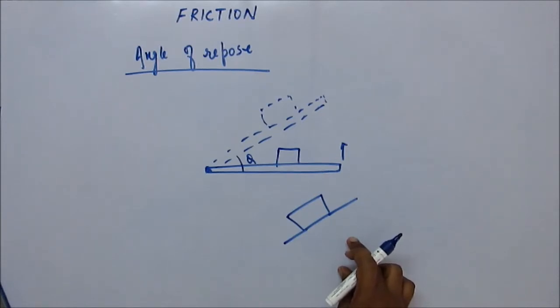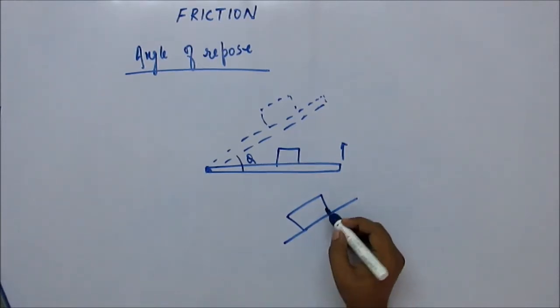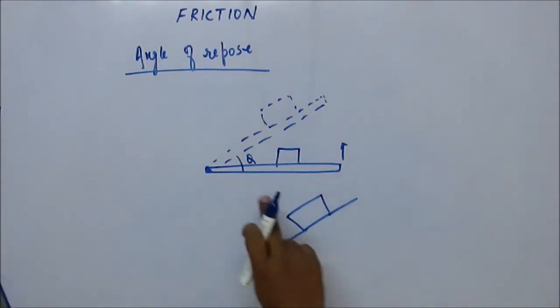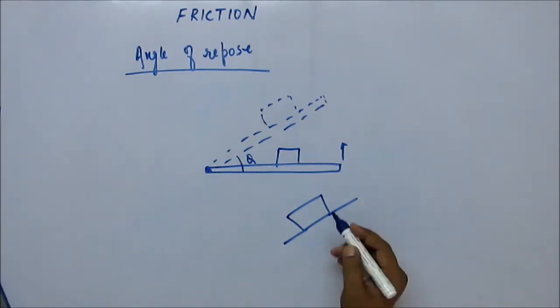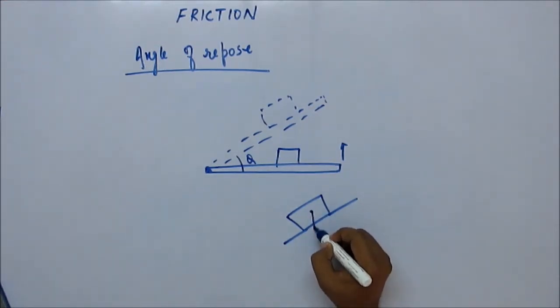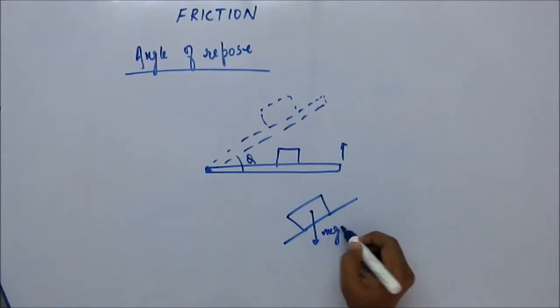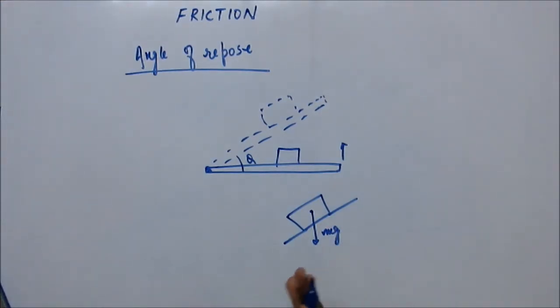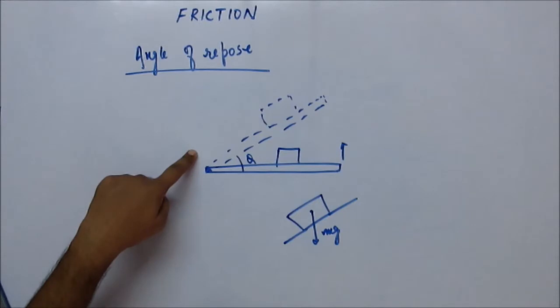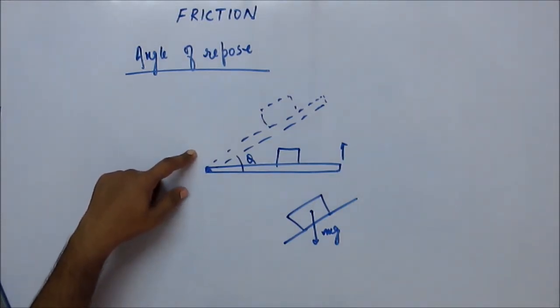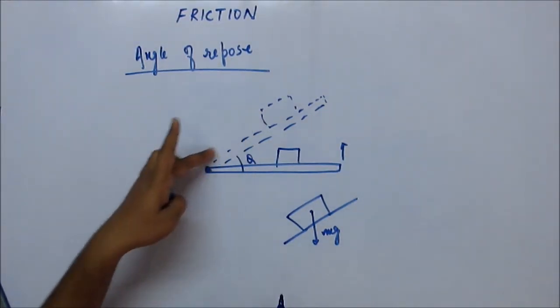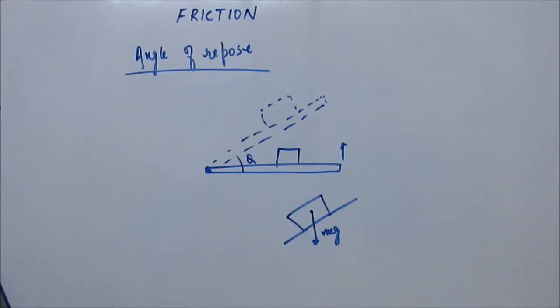So supposing that we know mu and we are trying to find the angle of repose theoretically. The forces acting on this block is mg downward. If it is about to slide, then there's about to happen a relative motion in downward direction, down the plane.